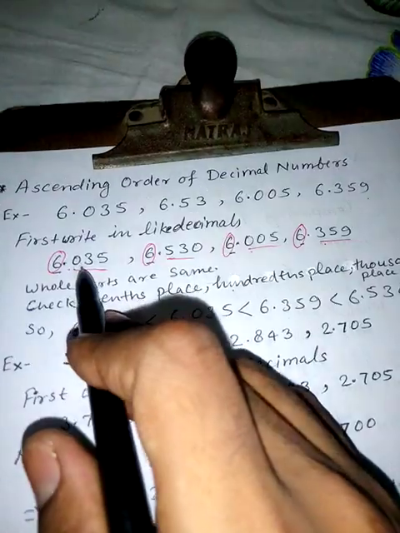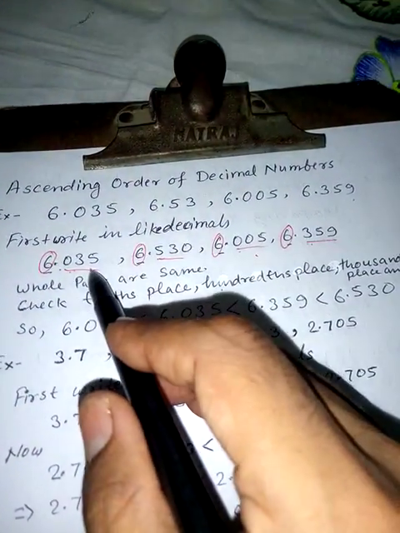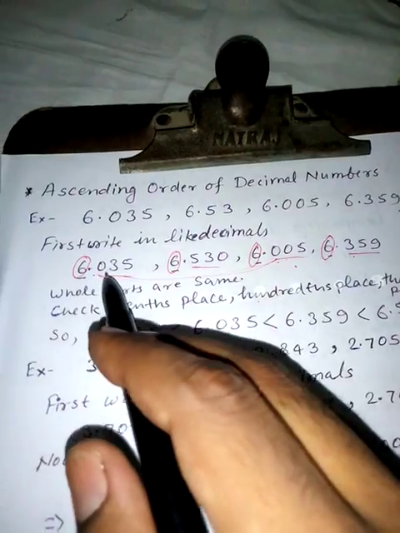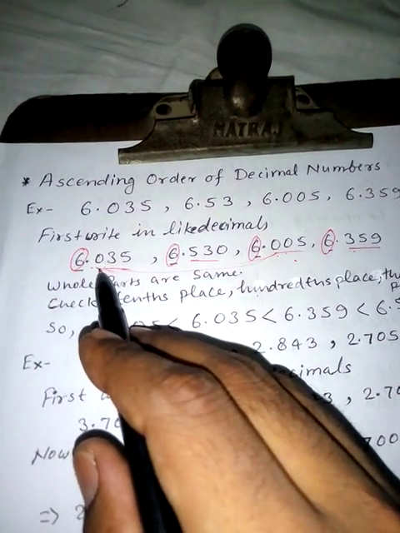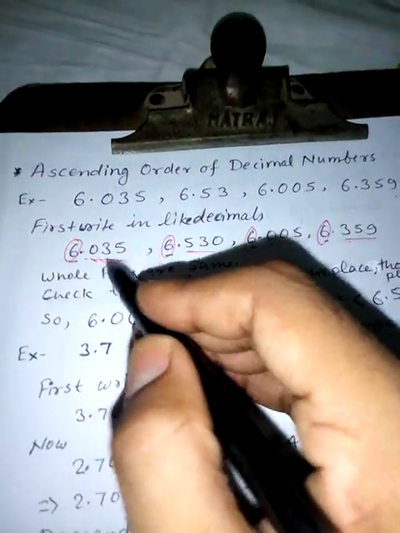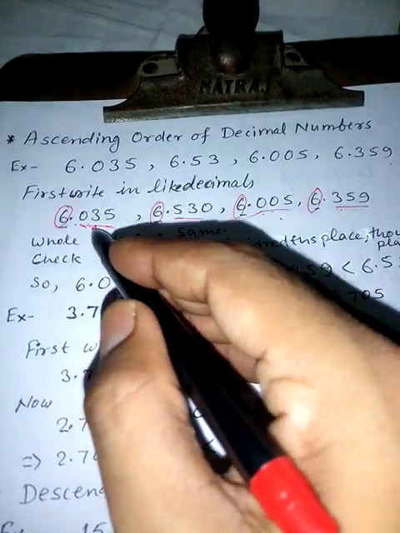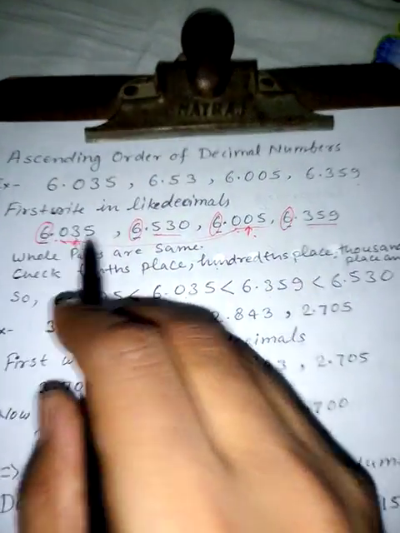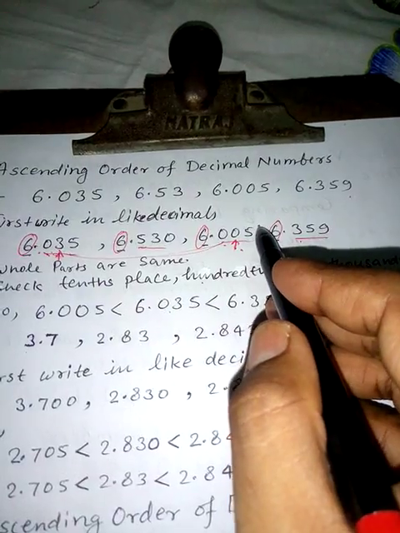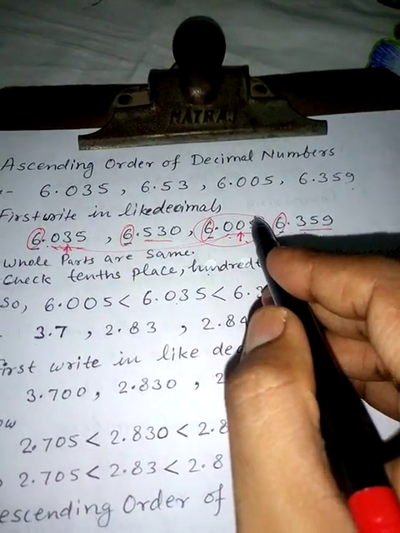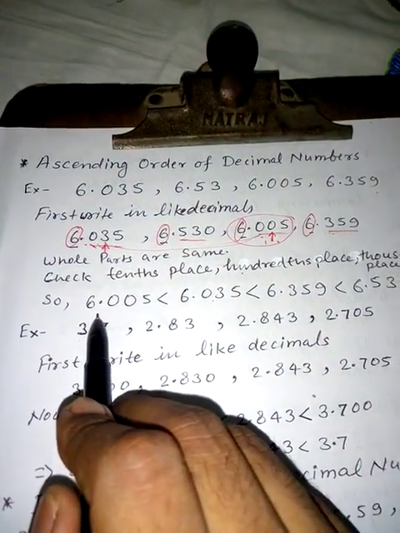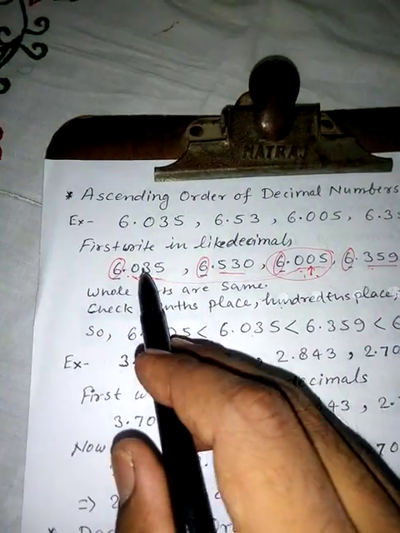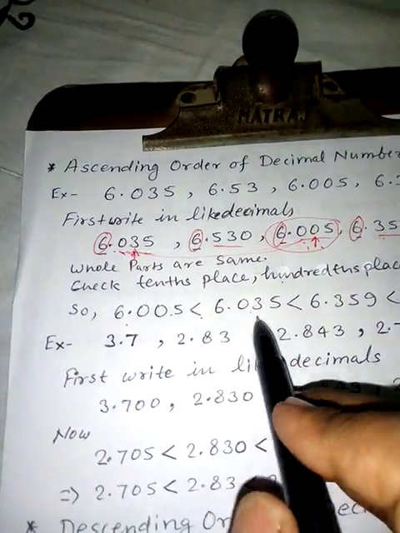So you have to check 0, 0, then compare these two numbers. After the 10th place, we have to check the 100th place. In the 100th place it is 3, and it is 0. So this number is the smallest number. So first we have to write 6.005, and obviously the second number will be 6.035.